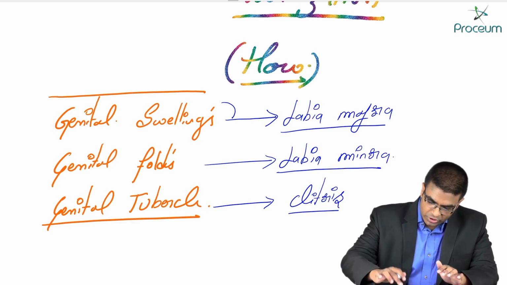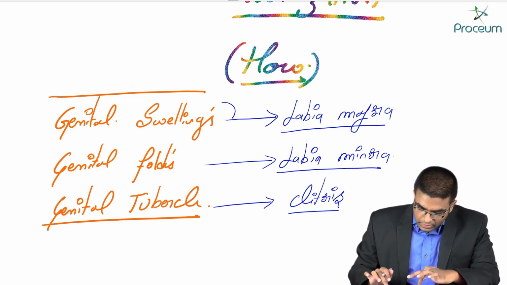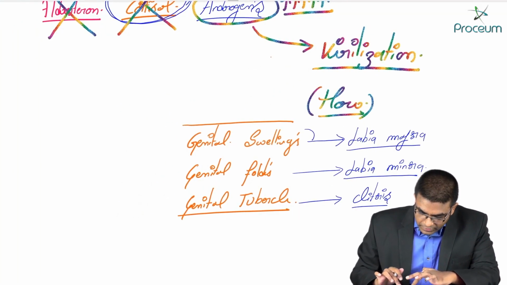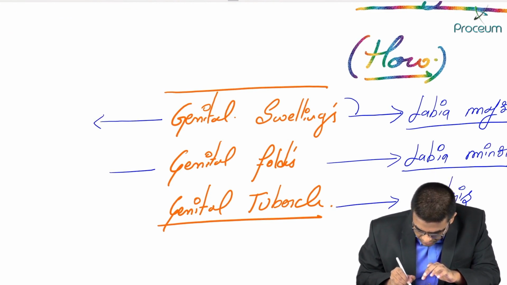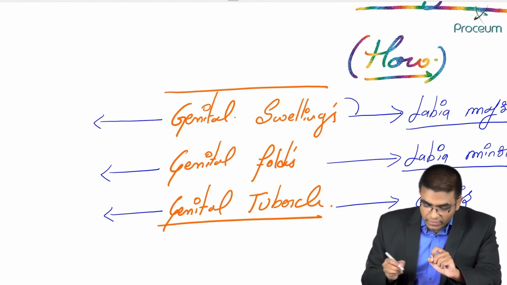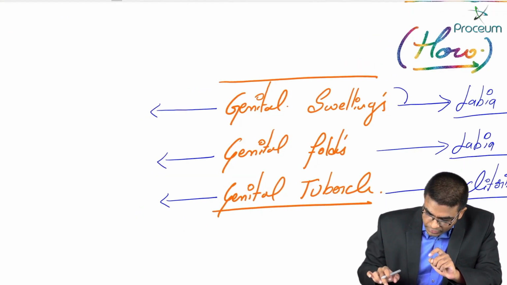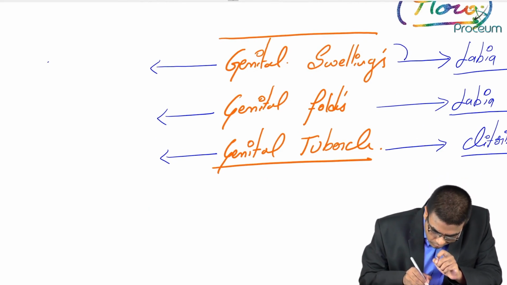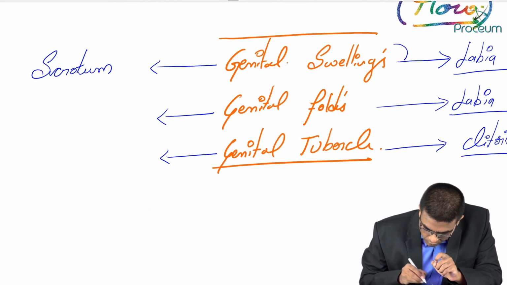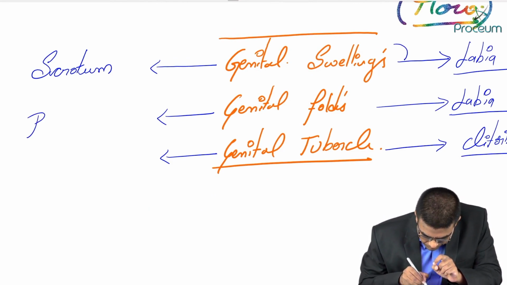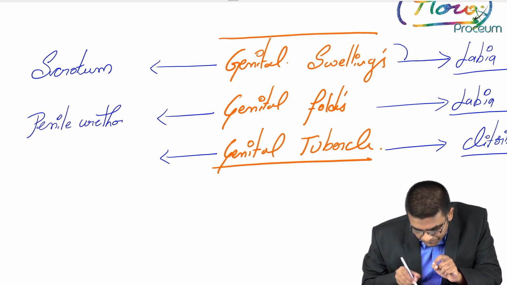No androgens, female external genitalia. If there are androgens, what happens? The external genitalia will turn into male. For example, if there is presence of androgens or dihydrotestosterone, genital swellings will be converted into scrotum. Genital folds will be converted into penile urethra.